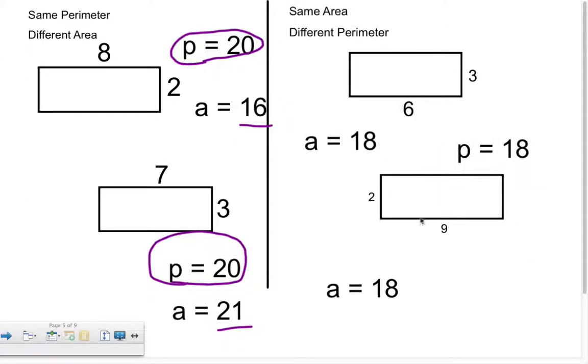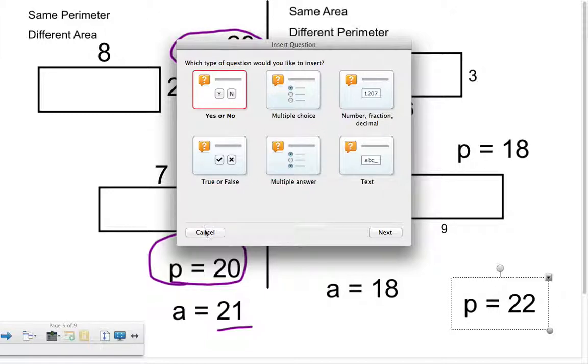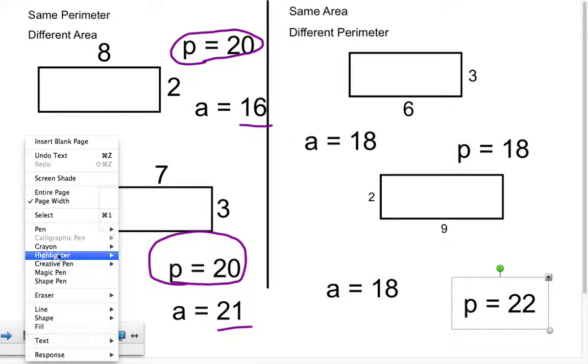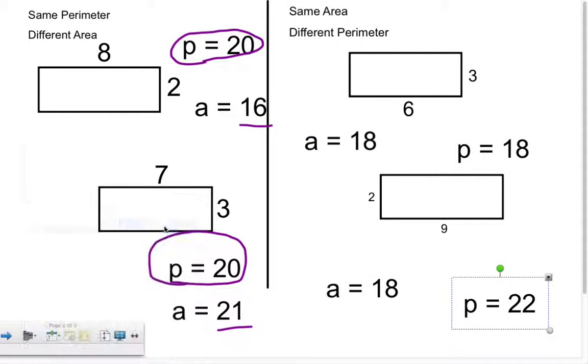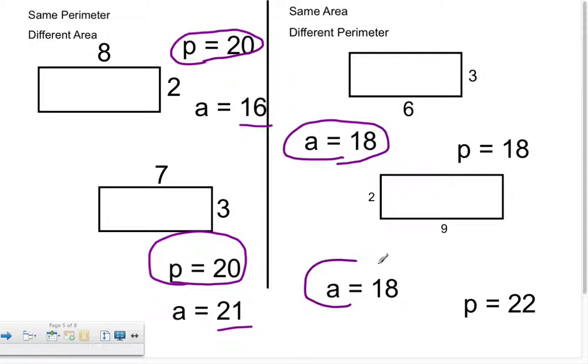But the perimeter in this shape, 9 plus 9 plus 2 plus 2, that's 18 plus 4, that's 22. So as you can see, once again, we've got two rectangles where this time the area is the same. We multiplied and figured out the area is the same, but their perimeters, compared to each other, are different.